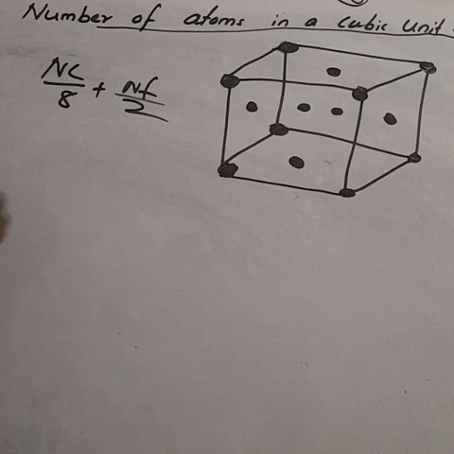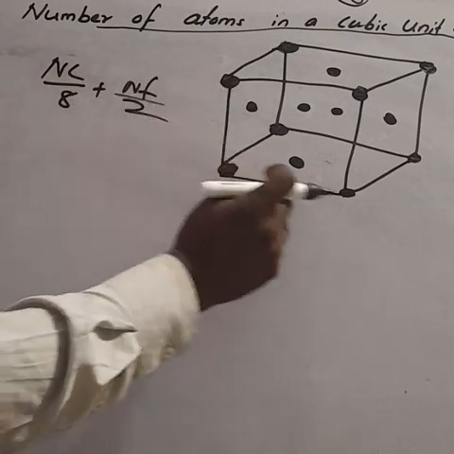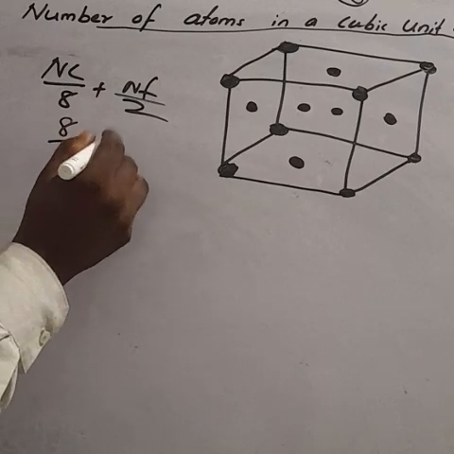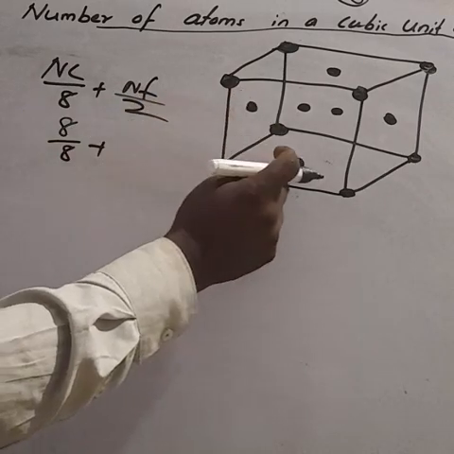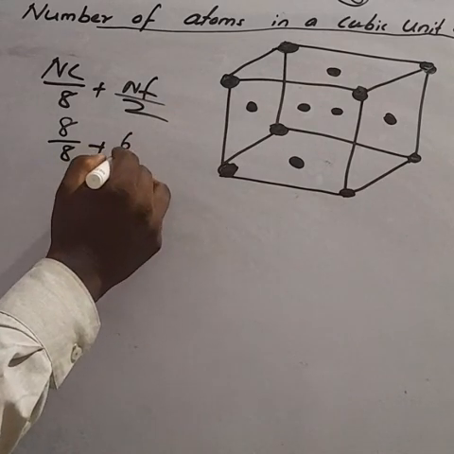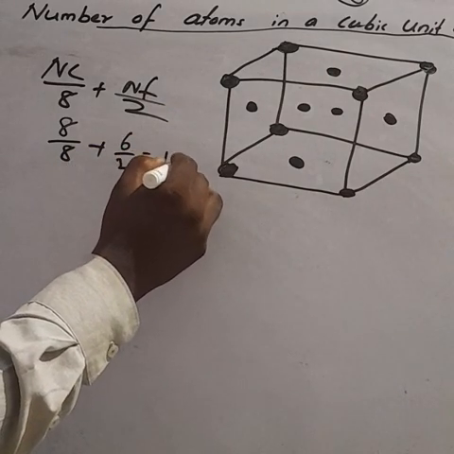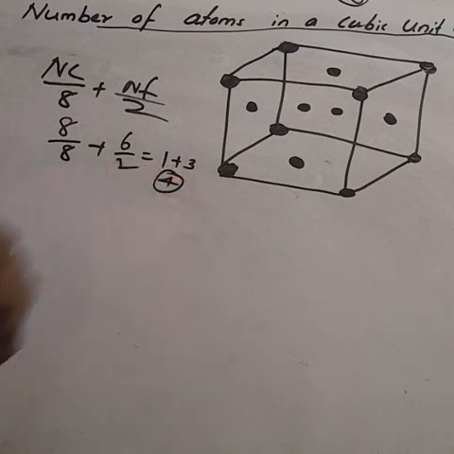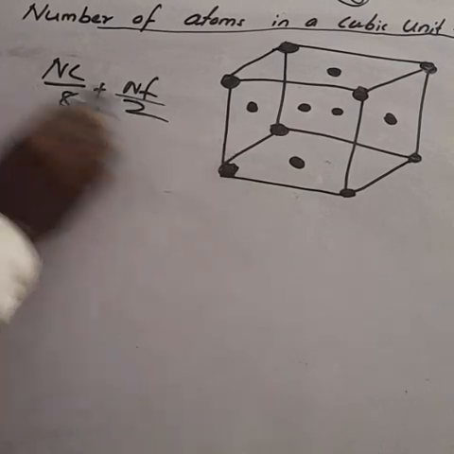What is NC? Number of corners. How many corners? 8. As per the formula, 8 by 8 plus number of faces. How many faces? 6, divided by 2. So 8 by 8 is equal to 1, 6 by 2 is equal to 3, and 1 plus 3 is equal to 4. Am I right? So this is about the face-centered.